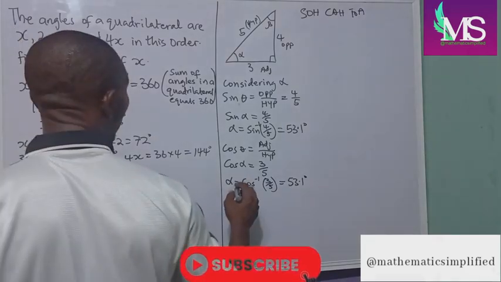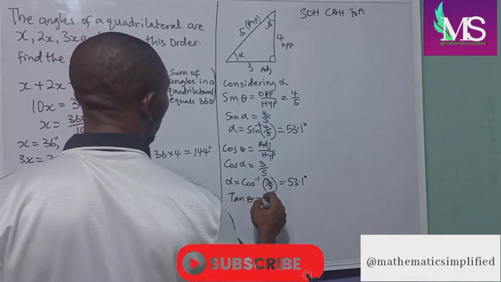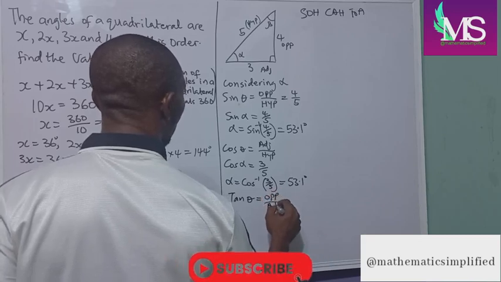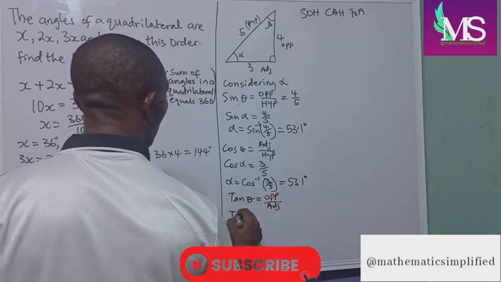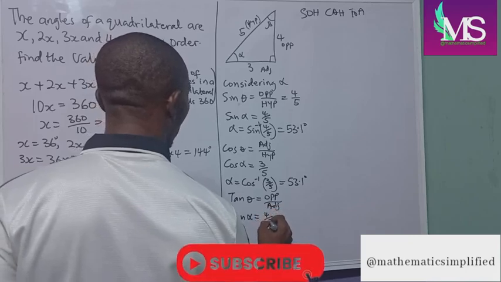Then we have tan theta, which is opposite over adjacent. Now in this case, tan alpha will become opposite over adjacent, 4 over 3.